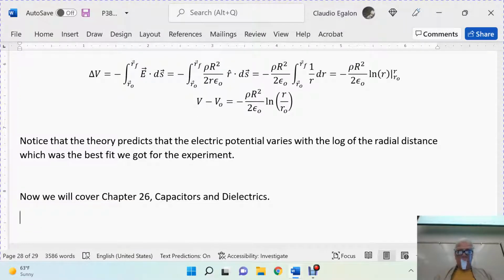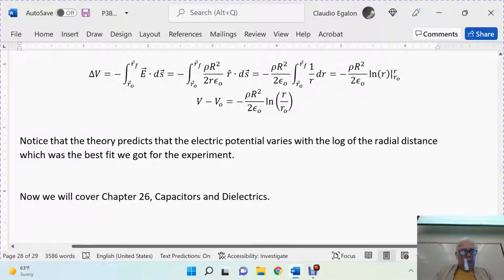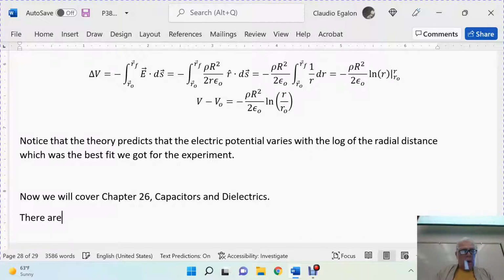Okay, so remember what I told you. In the lab, there are 4 basic devices in electricity and electronics.